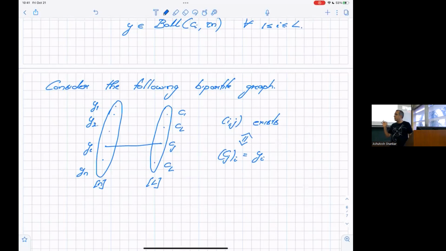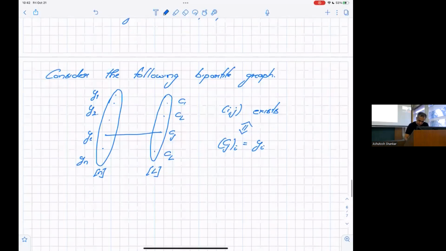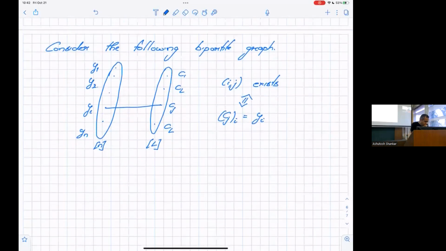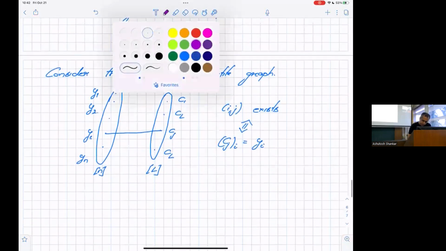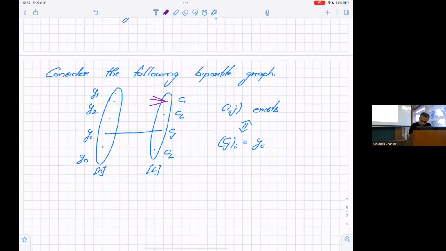Is the graph clear? So whenever Cj agrees with y, notice that for every vertex here, what is that degree?